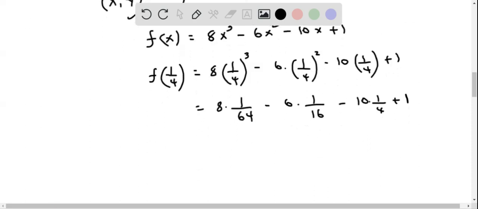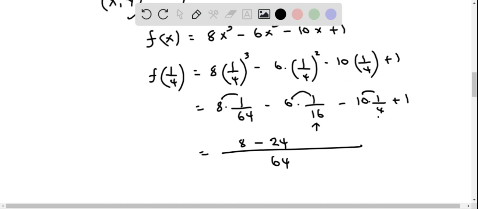So we have the common denominator of 64, and this numerator we just keep as it is, and then this numerator we have to multiply by 4, because here we have the denominator 16. So to make it a common denominator, we should multiply and divide by 4. So 6 times 4 is 24, and then this numerator we should multiply by 16, because the denominator is 4.